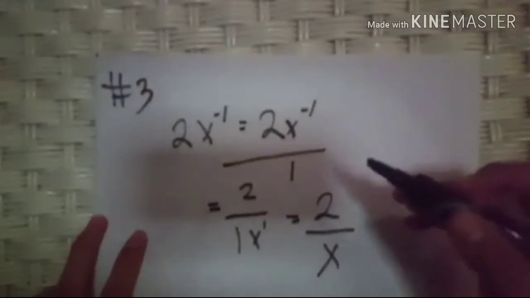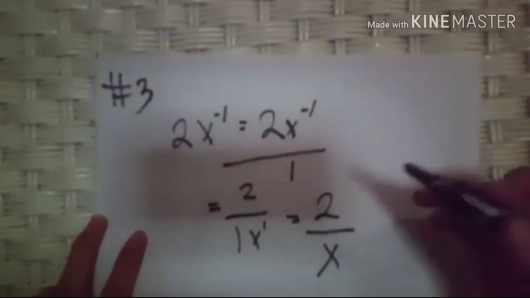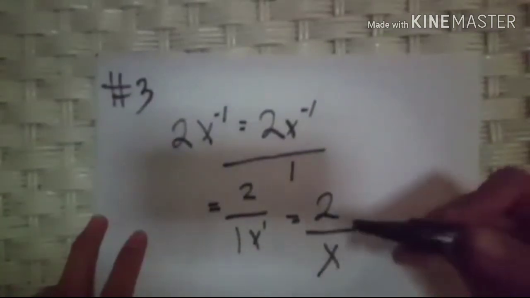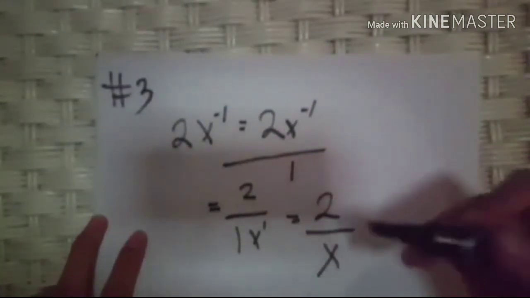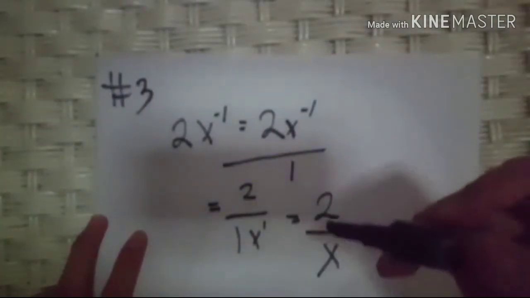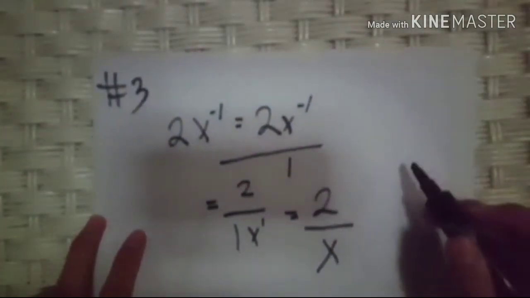Anything to the power 1 is just itself, so I'll be able to drop this power once I move the base. Make sure you understand why the 2 above does not move with the variable. The negative exponent is only on the x, so only the x moves.